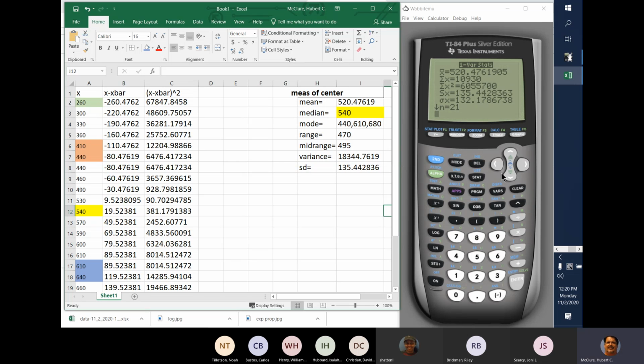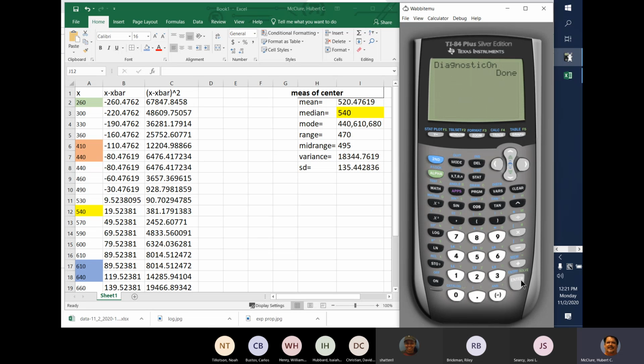Now, if your numbers don't show up like this, then you need to hit second, 0, and scroll down till you get to diagnostic. Hit diagnostic on, click enter, and click enter.